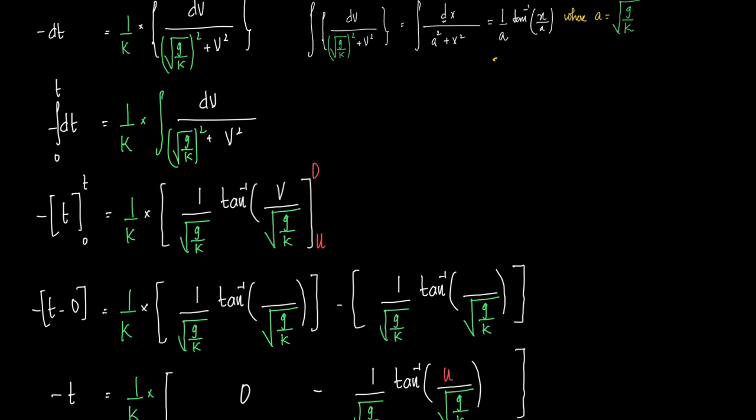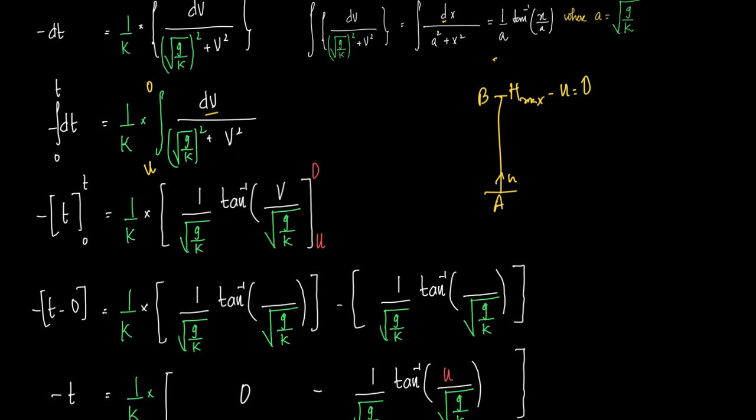The velocity varies from u to the final maximum velocity, which is 0. Why that limit? Because the ball is projected from A with some velocity u, and at the final point B, which is the h max, which is x max, the body is momentarily at rest and therefore the velocity there is equal to 0.